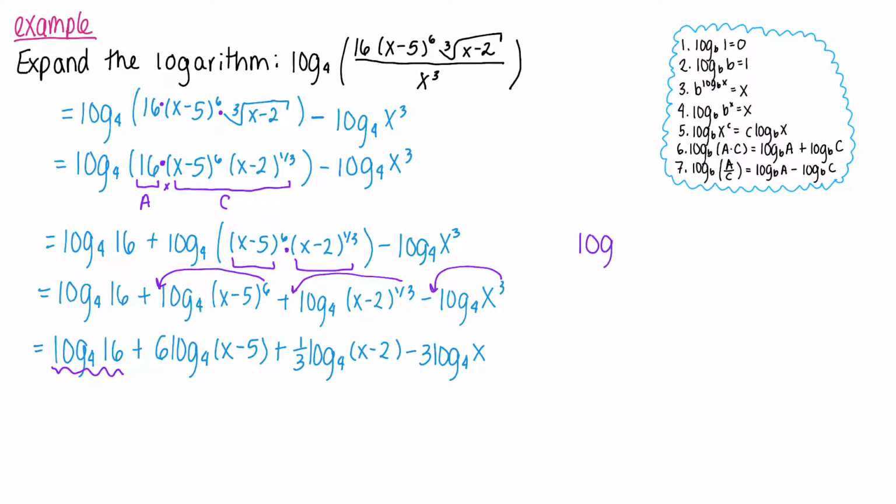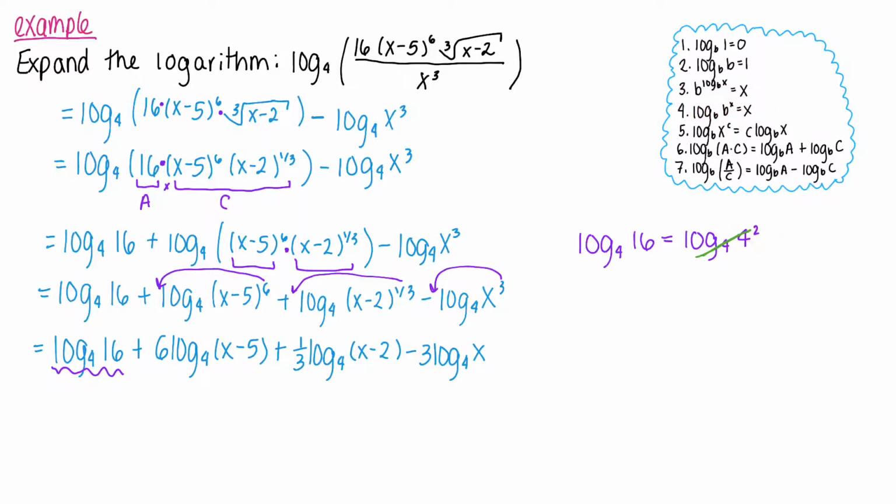So log base 4 of 16 is the same thing as log base 4 of 4 squared. And the log base 4 and the 4 cancel because of this rule, right here, where the base and the b right there, they cancel, and you're just left with the x.